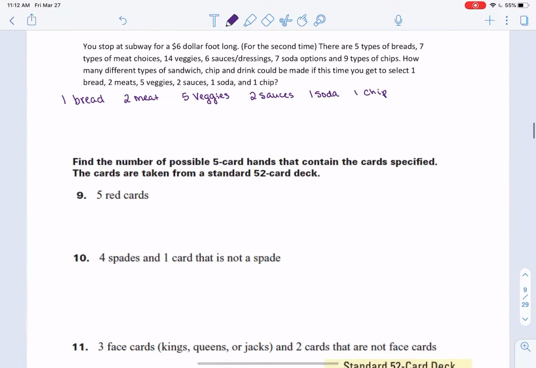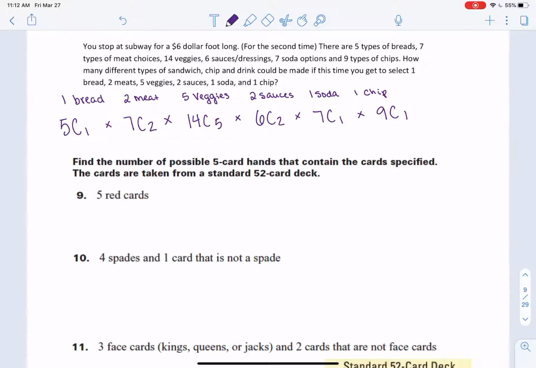So it says we have 5 types of bread and we're choosing 1. Then we had 7 types of meat and we're choosing 2. And we have 14 types of veggies and we're choosing 5 of them. Then we had 6 types of sauces and we're choosing 2. We had 7 types of sodas and we're choosing 1. And 9 types of chips and we're choosing 1.